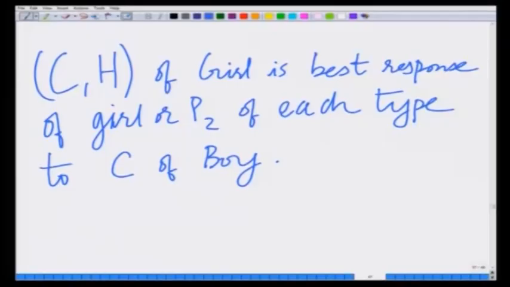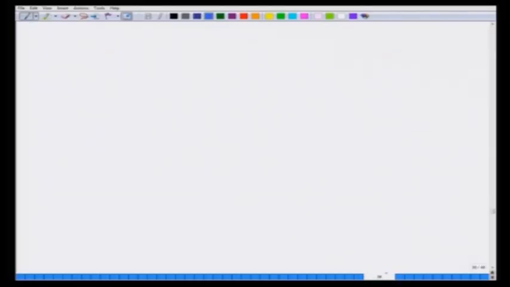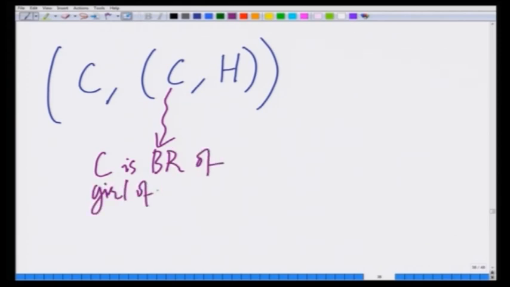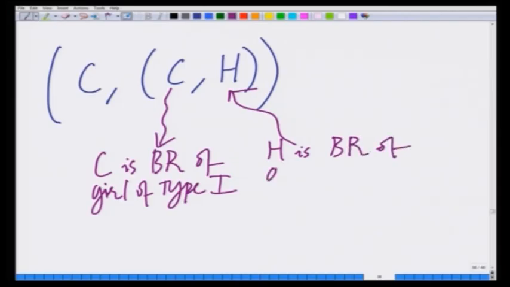That is, when the boy is choosing C, C is the best response of the girl of type I, and H is the best response of the girl of type U. Therefore, player 2 of each type, that is, the girl of each type, is playing her best response.